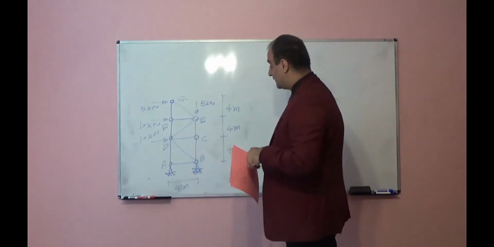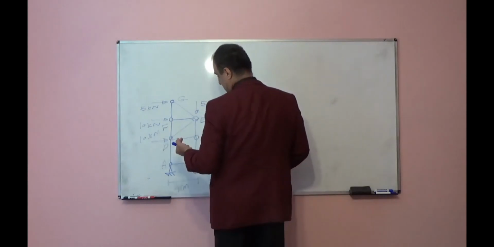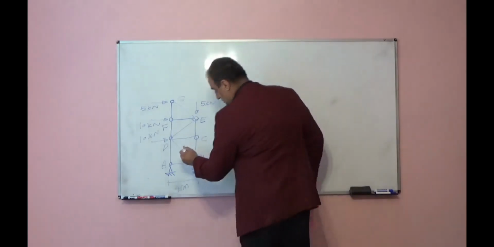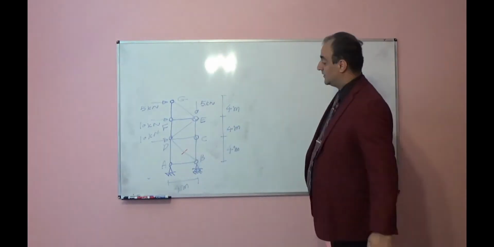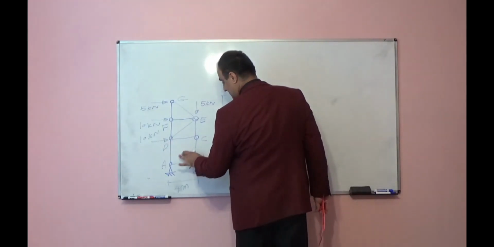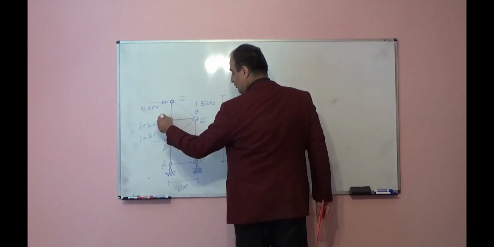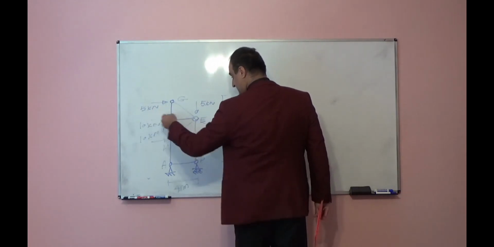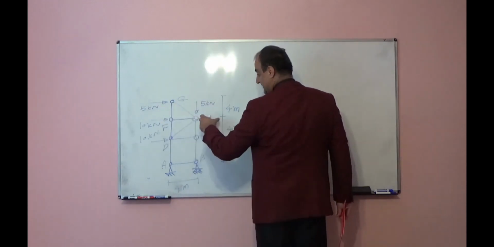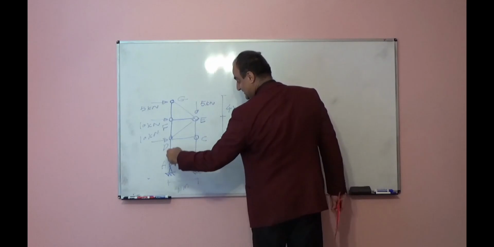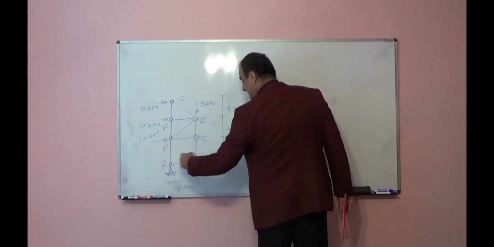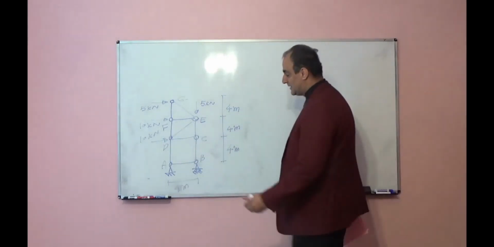For member, for example, DB, I want to find member DB internal force. If I remove that member, what will happen? The top side will move in horizontal direction from left to right, and this square-shaped ADCB panel will deform like a parallelogram.